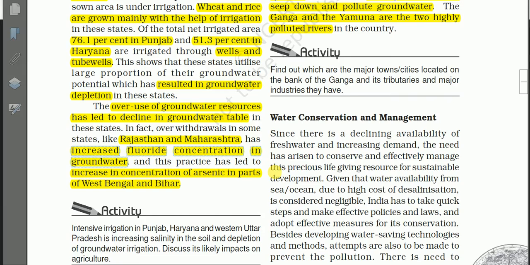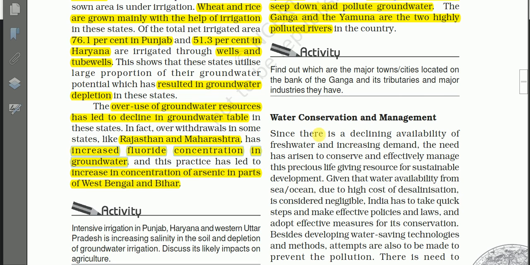See, fluorosis affecting the skeletal system, a girl from Jharkhand. Actually, it softens the bone. So this is a problem in Rajasthan and Maharashtra and even in Assam also.